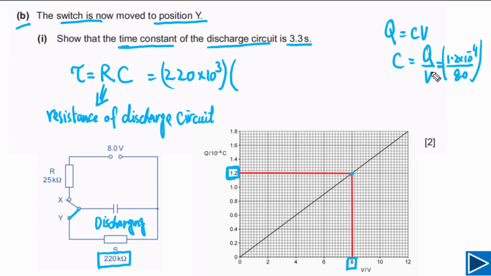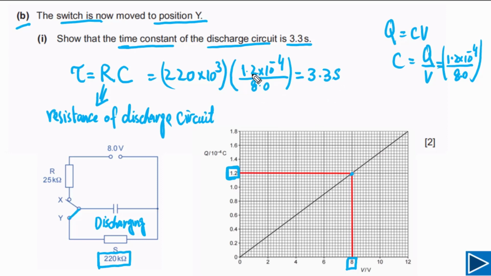Now simply we can plug in the value of C and calculate tau. So our final answer in this case is 3.3 seconds up to 2SF.